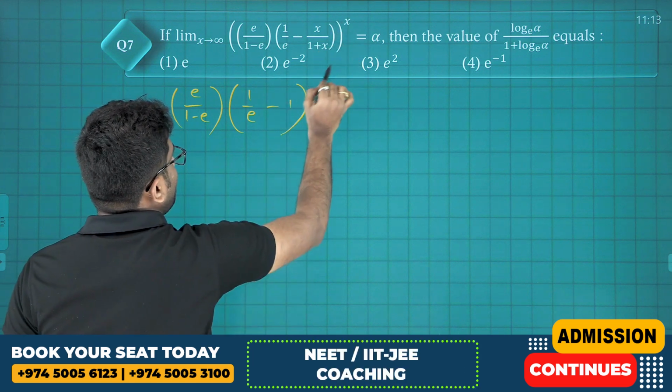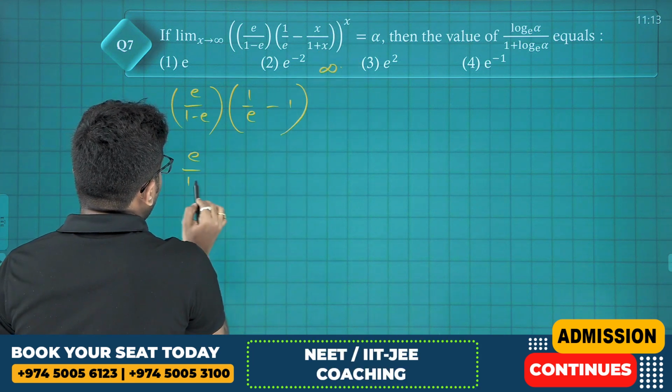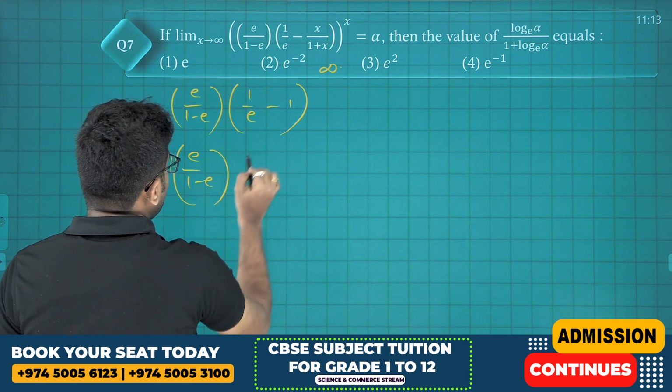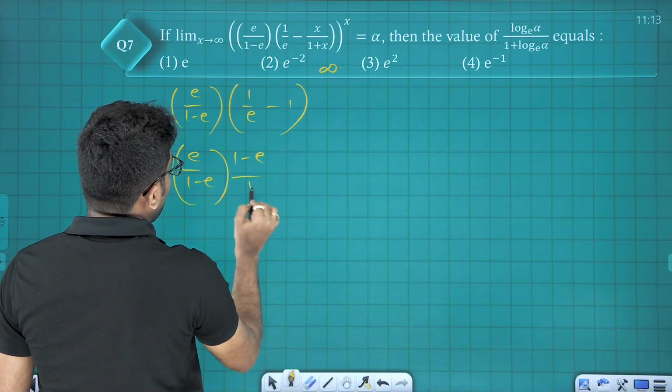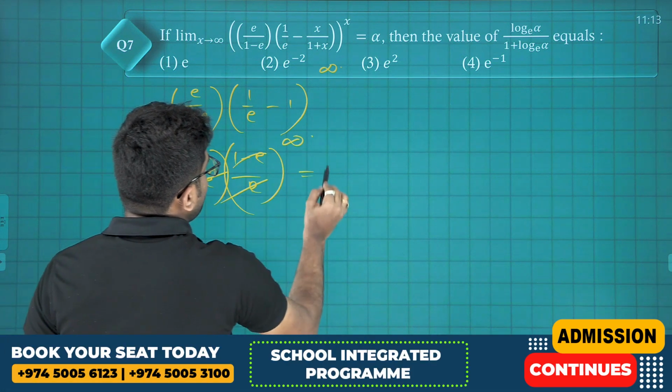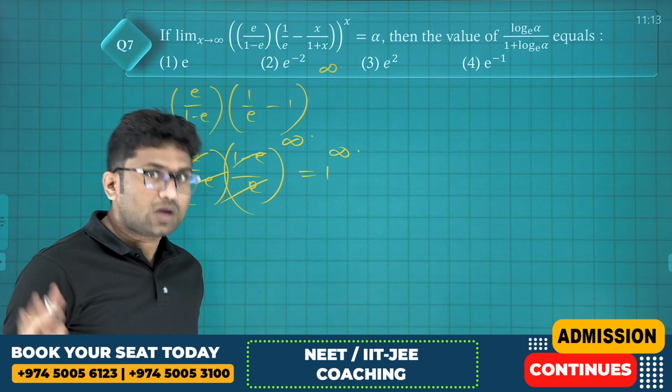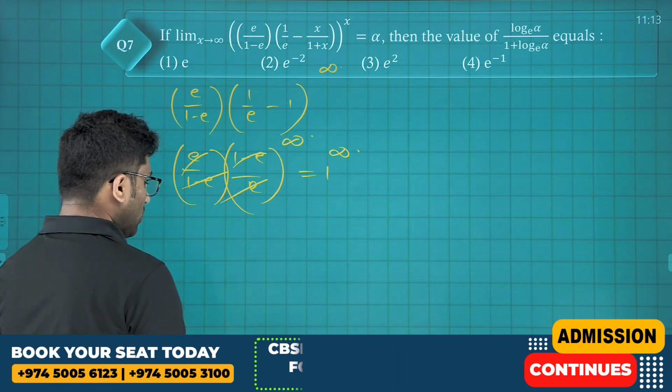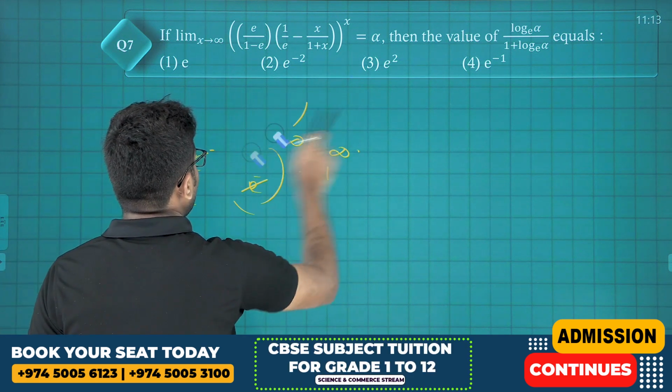So whole power infinity. See, e by 1 minus e times 1 minus e by e, these get cancelled, power infinity. So this is the 1 power infinity form. We have understood that this is 1 power infinity form.